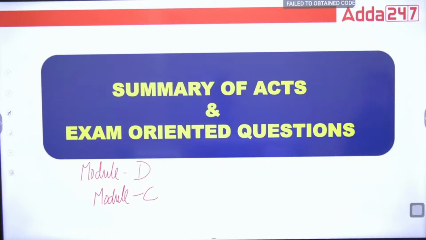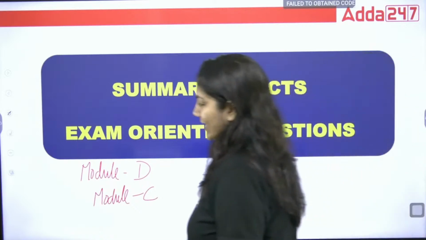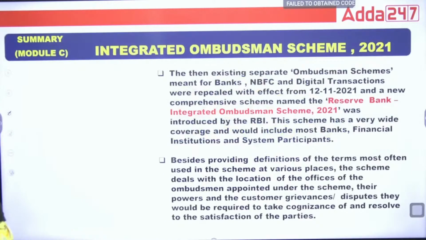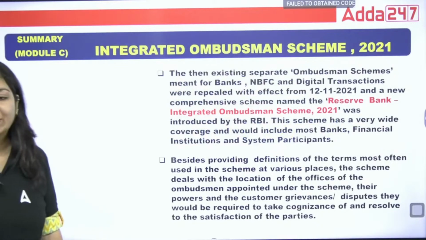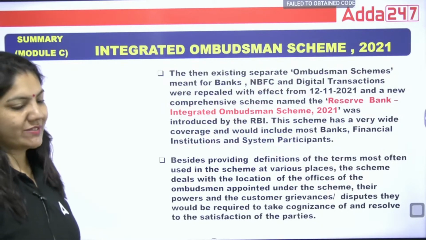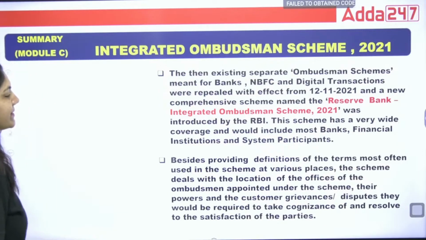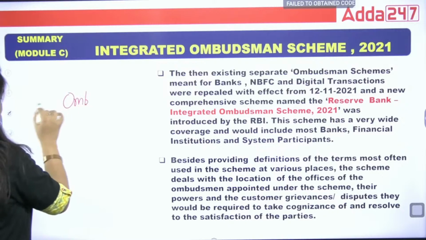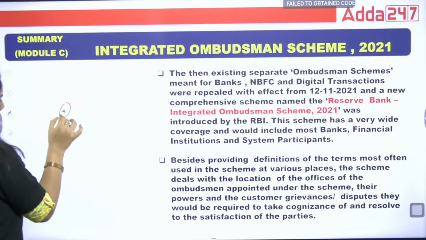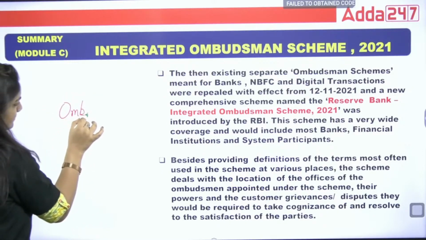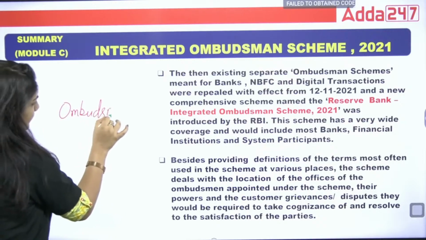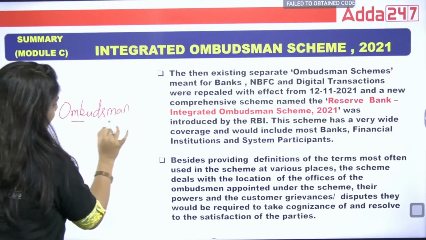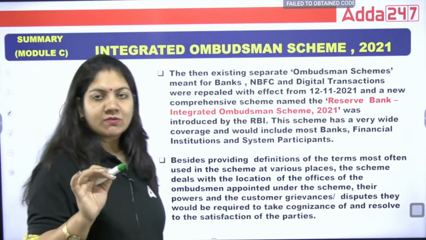Today's act is basically the Integrated Ombudsman Scheme 2021. So what exactly does this scheme mean? First of all, we have to understand what an Ombudsman is.